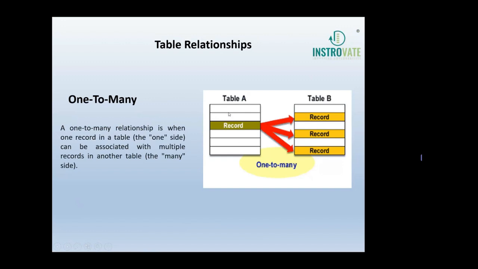So this is one-to-many. This one row is related to these three rows from table B. A one-to-many relationship is when one record in a table, the one side, can be associated with multiple records in another table. So that is one-to-many.